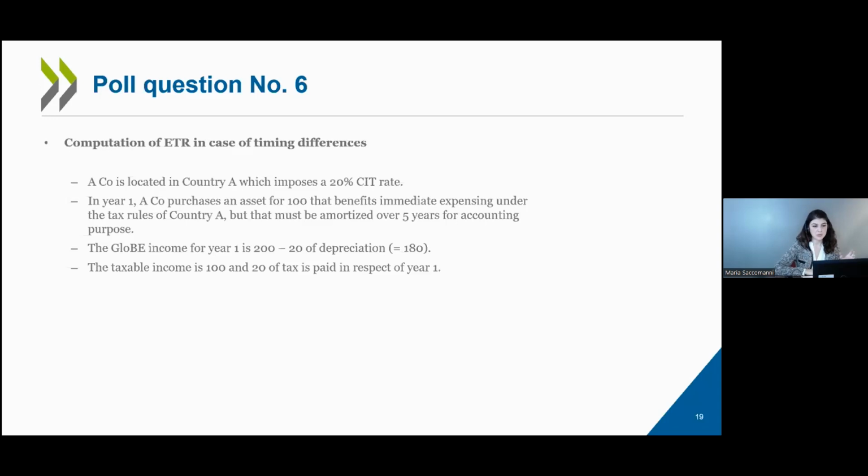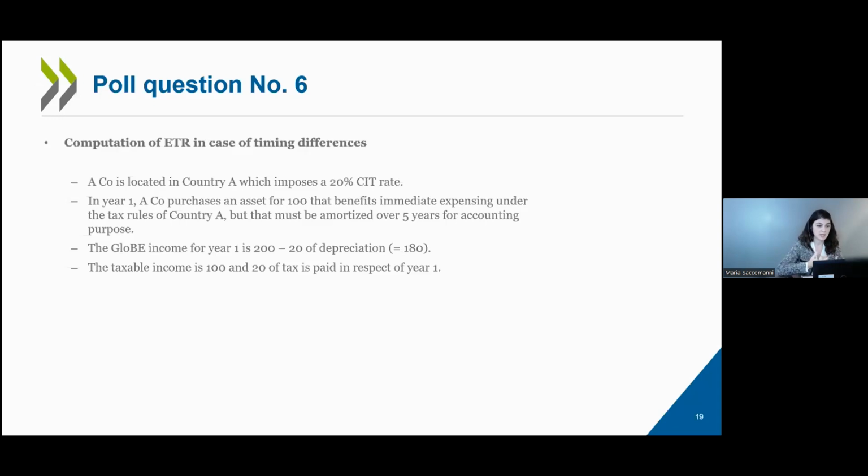The accounting purposes consider an amortization in 5 years. So in the tested year, we have a depreciation amount of 20. So that makes the carrying value of that asset equal to 80, which is 100 minus 20. While the tax basis of the asset in this specific year is already 0, because it has been totally deducted. It's a sort of accelerated depreciation.